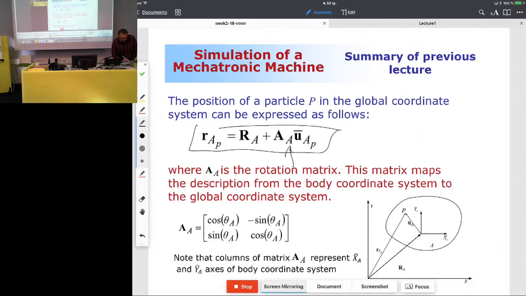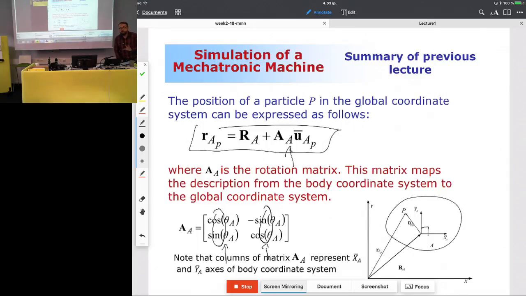If you form vectors using this column and this column, you will recognize that this is actually an orthogonal matrix. Remember what that means? It means that if you form vectors from its columns, those vectors are perpendicular with respect to each other. Perpendicular meaning in two-dimensional space that they have a 90 degree angle. So what's at 90 degrees? That's the body reference coordinate system.